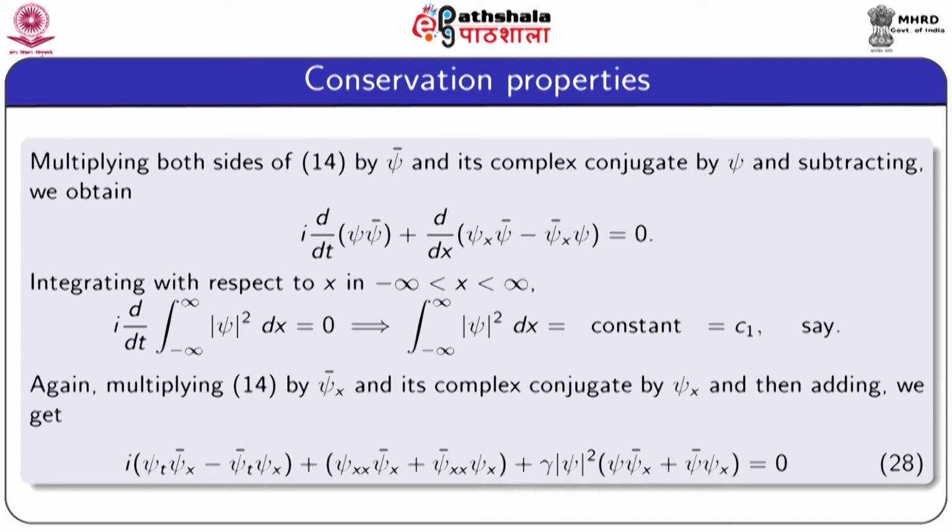Now, integrating with respect to x both sides, we get i d/dt of the integral of |psi| square dx equals 0, where |psi| square equals psi into psi bar. So, this gives the integral of |psi| square dx equals constant C1. This is one of the integrals of nonlinear Schrodinger's equation.